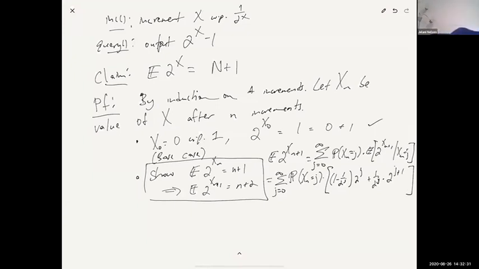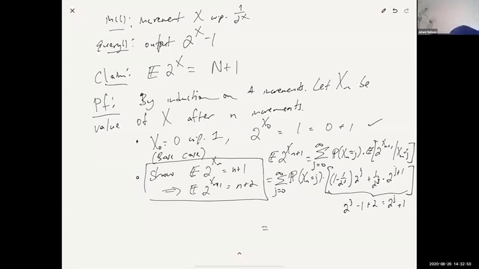So this in here is just 2 to the j minus 1 plus 2, which is equal to 2 to the j plus 1.